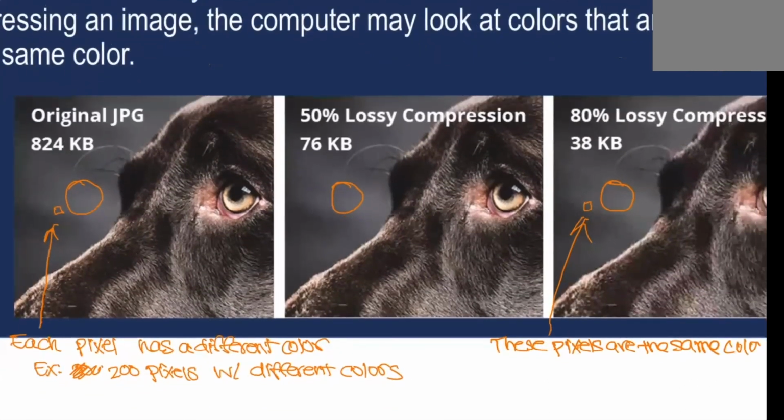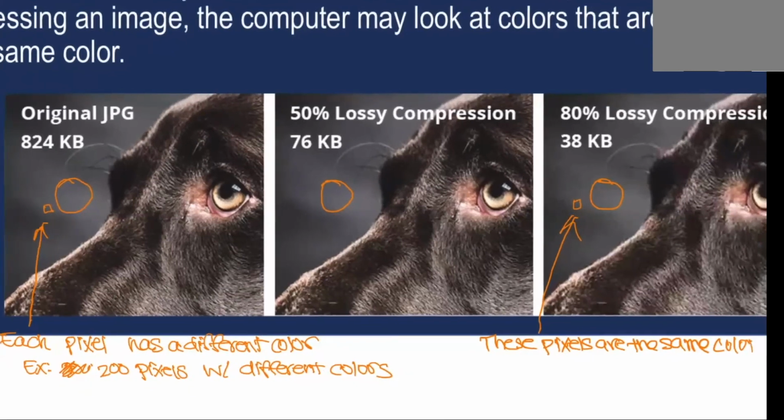So instead of you having 200 different pixels having different colors, you could say these 200 pixels are the same color. If these pixels are the same color, then you could just save that one color and just say it applies to these, as opposed to having 200 different colors and storing that.